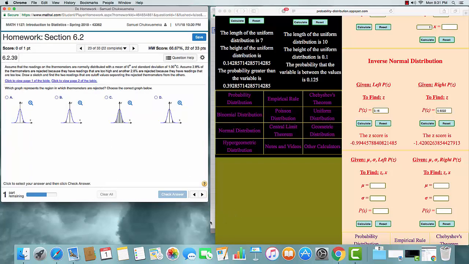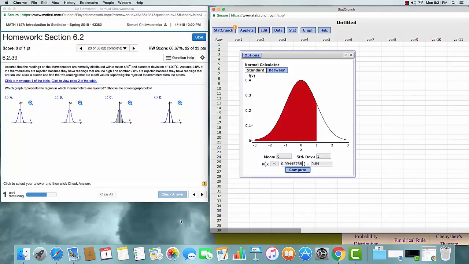Question 23, Statcrunch. Assume that the readings on the thermometers are normally distributed with a mean of 0 degrees Celsius and a standard deviation of 1.00 degrees Celsius.